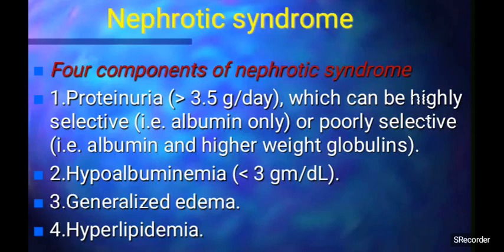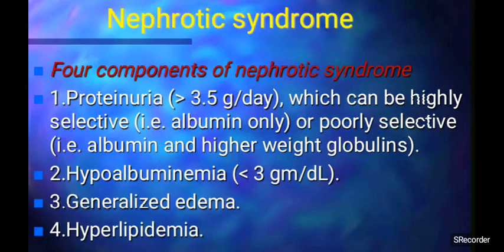This can be highly selective, that is if we mainly lose proteins like albumin, or sometimes it can be poorly selective where we can lose also other plasma proteins.